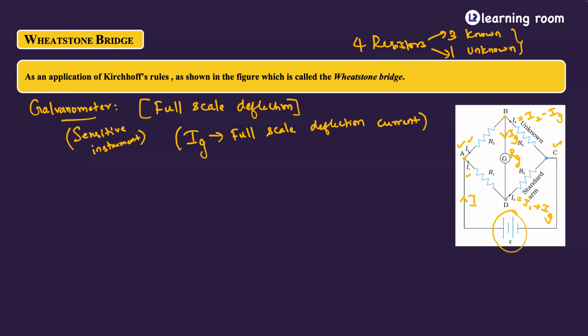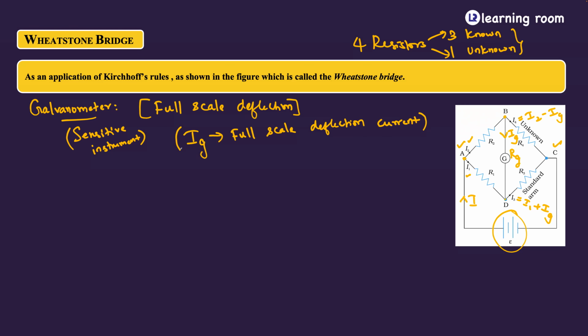So the IG value that I have taken here is called the full scale deflection current, right? Meaning when this current passes, the galvanometer will show a reading exactly at the end point of that particular galvanometer, right?